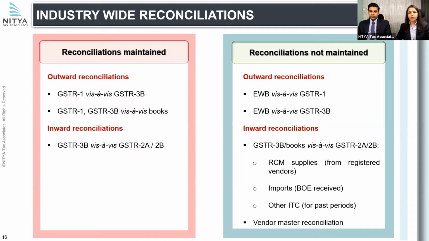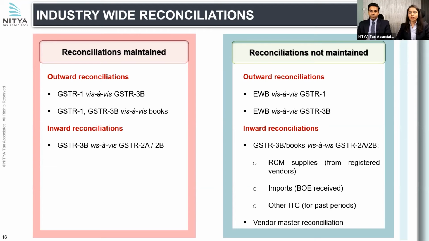The last very important reconciliation I would like to emphasize is vendor master reconciliation. As I discussed in the last slide, vendor master reconciliation basically means analyzing whether the compliances are being done regularly by the vendors or not.